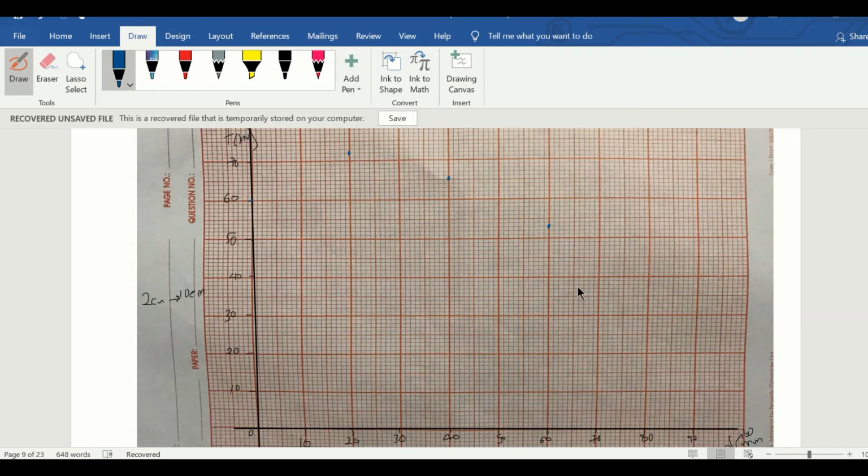When I have 80 millimeters, my force was 44. 40, 41, 2, 3, 44. Okay, when I have 100 millimeters, force was 50 newtons. So I mark my point right here.